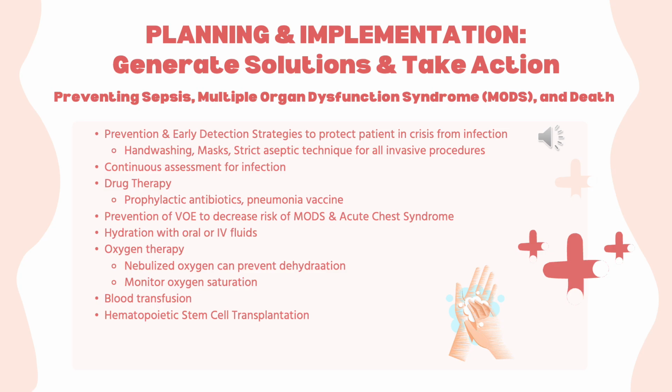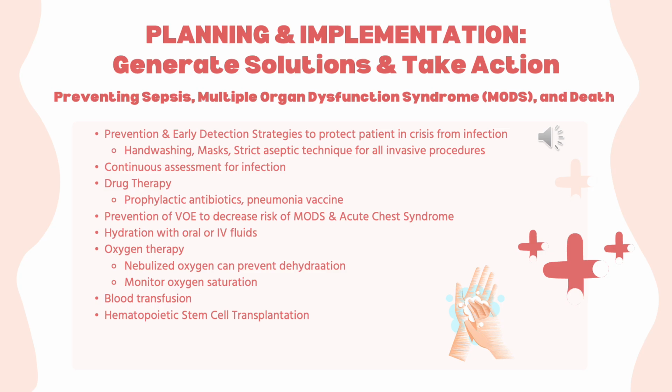So we want to prevent a vaso-occlusive crisis, and we want to be sure that we can minimize where they can lead to things like an acute chest syndrome, which is a major cause of death in patients with sickle cell disease.